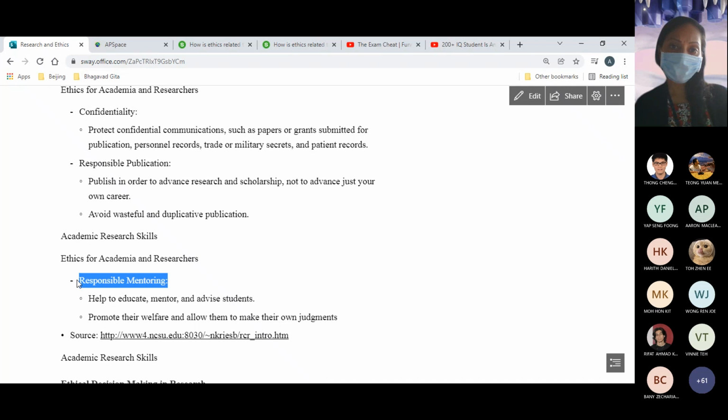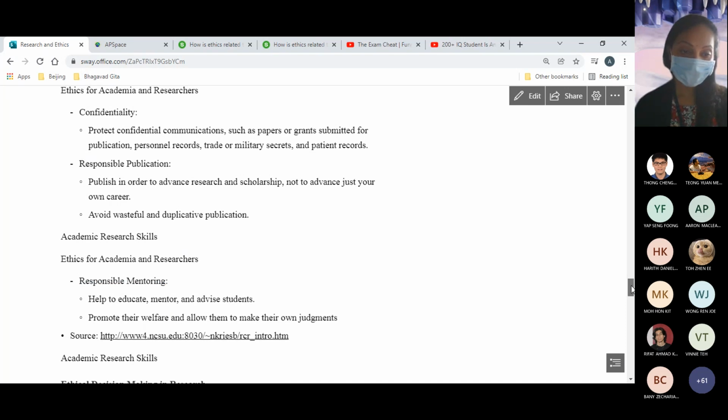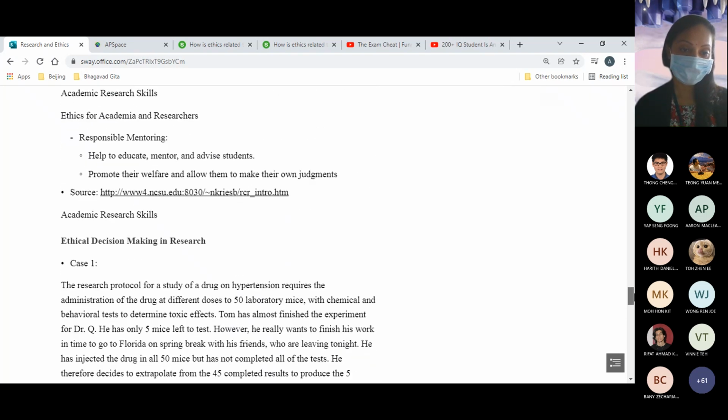You'll be given a mentor, a supervisor. If you play the role of a supervisor, we have to ensure that we do responsible mentoring. We have to educate the students. We have to check your final year projects, and it's the same with assignments as well. So that is our commitment to students and to research.